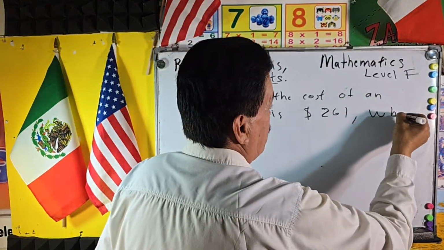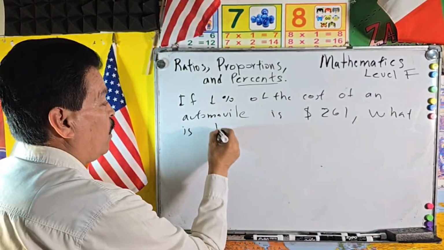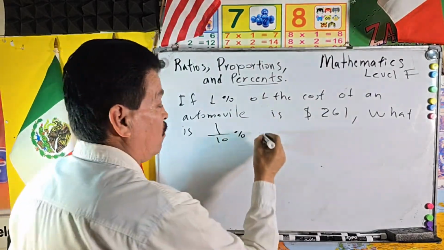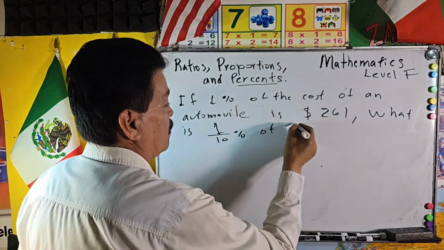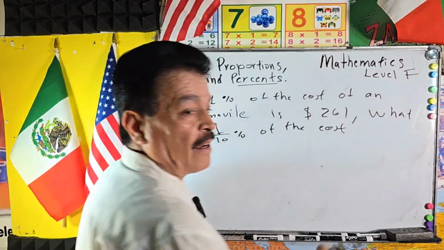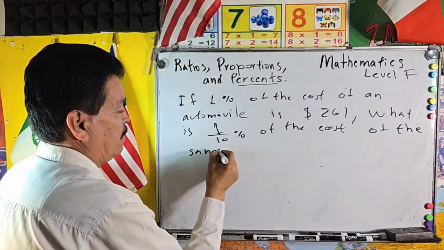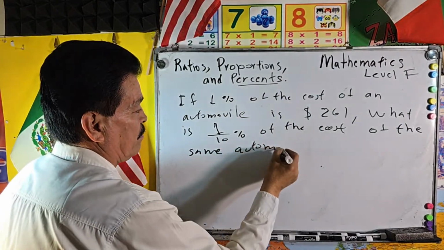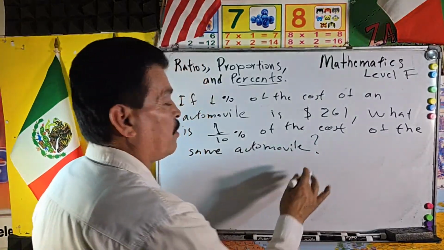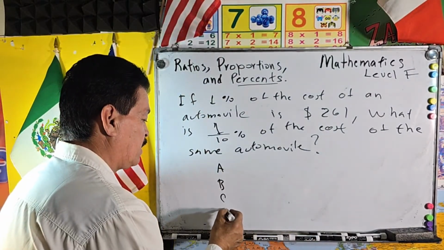What is, look at this, the question, 10% of the cost of the same automobile. That's the problem. And then you will have answers like this: A, B, C, D.